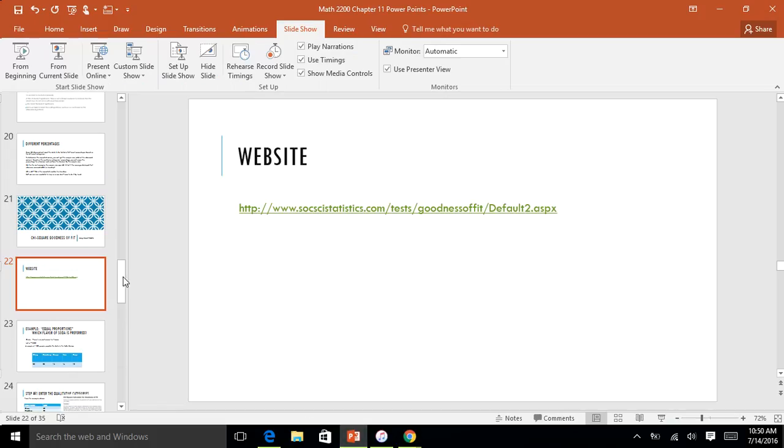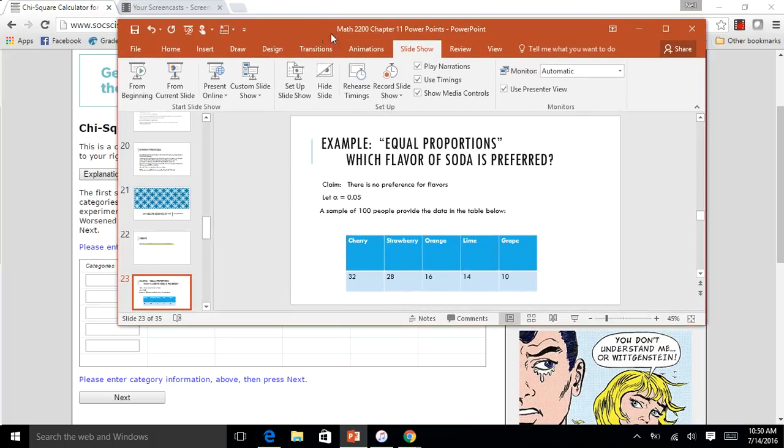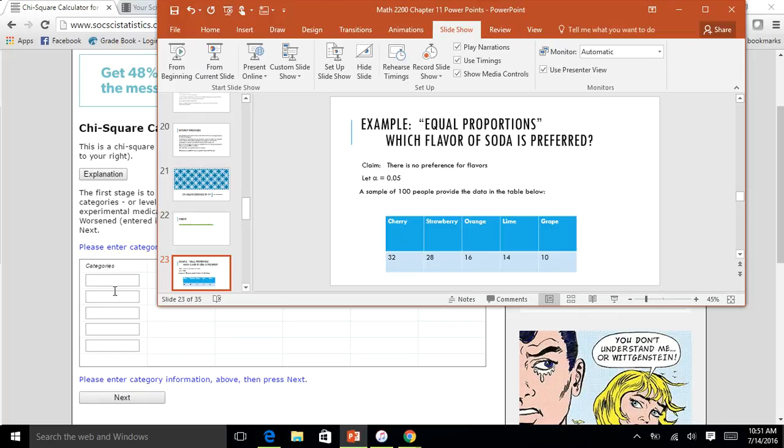And in the PowerPoint, if you want to follow with me, I have an example. It says, I believe that there's equal proportions for flavor of soda. So I believe that cherry is just as much as strawberry, orange, lime, and grape.